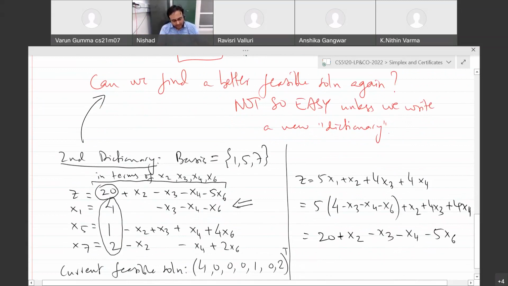So I want you to look at this dictionary and tell me if there is any variable you can increase in order to get a better feasible solution. X2, sir. Sorry, which one? X2, sir. Exactly, X2.